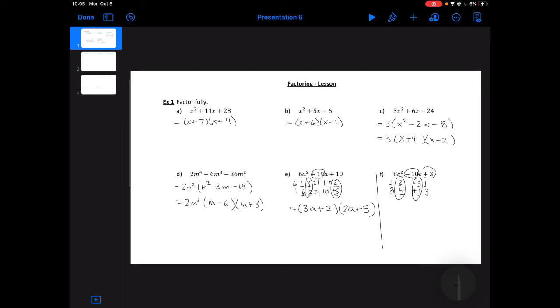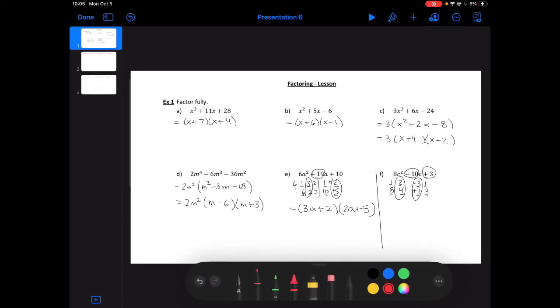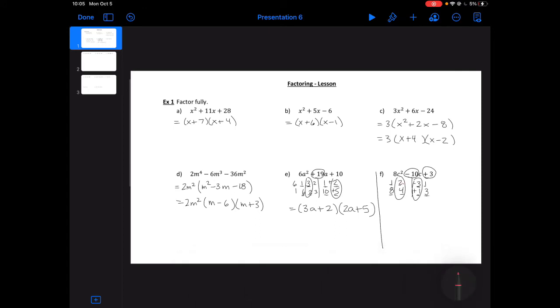But that doesn't multiply together to give me positive 3. So let's check my last possibility here. 2 and 3 will give me 6, and 4 and 1 will give me 4, which is 10.